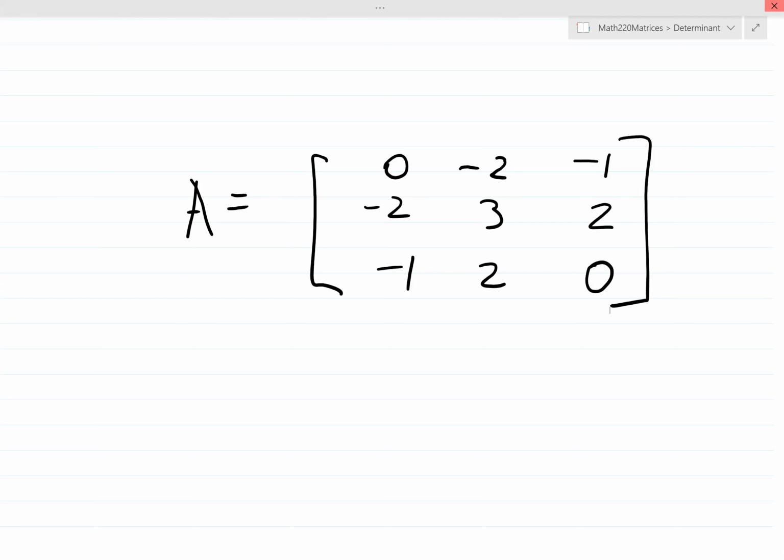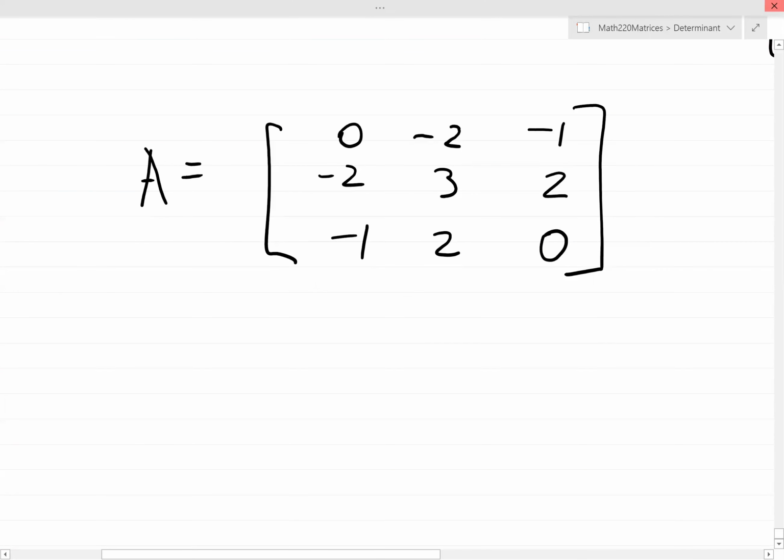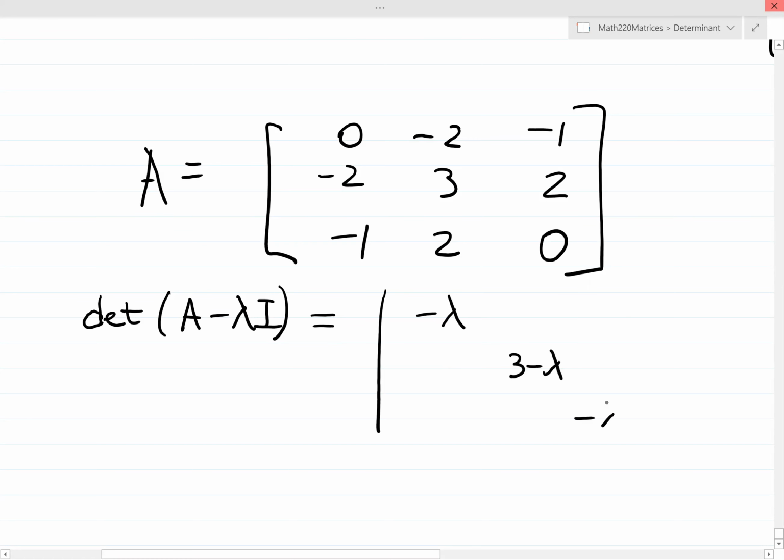To find its eigenvalues, we find its characteristic polynomial. The characteristic polynomial is the determinant of A minus lambda I, a polynomial in lambda. A minus lambda I: the diagonal entries subtract lambda, so it's 3 minus lambda, negative lambda, and then -2, -1. All other entries are fixed.